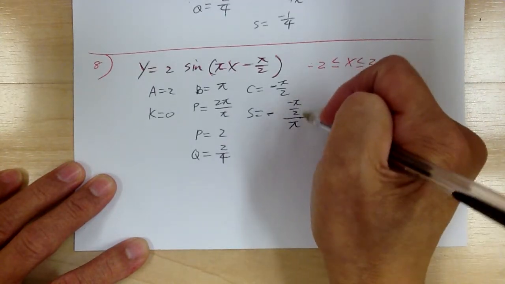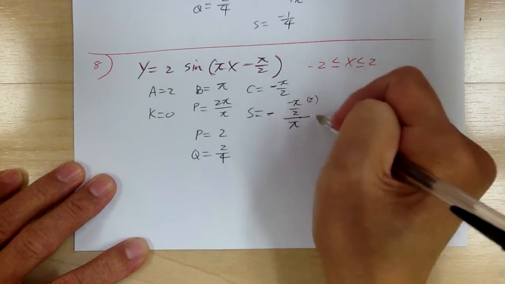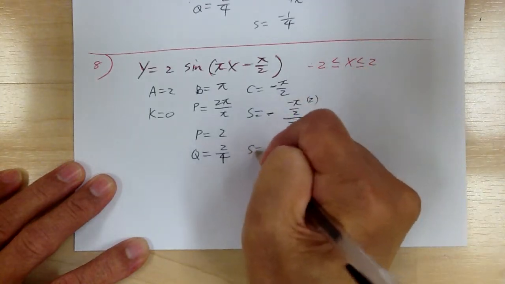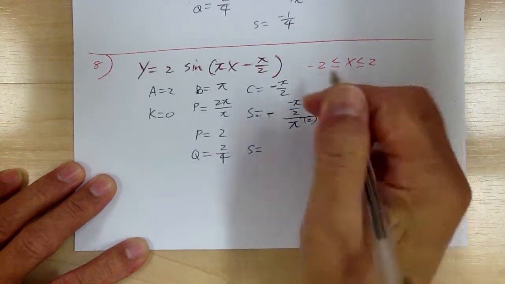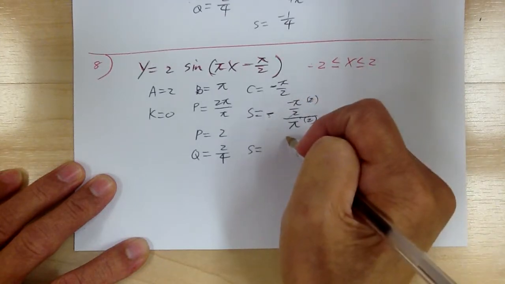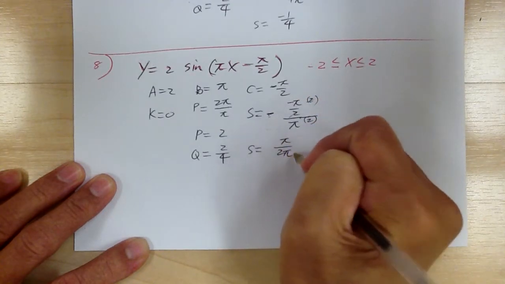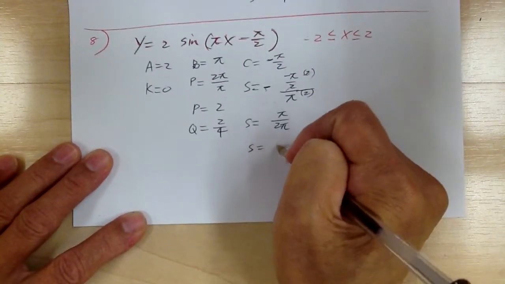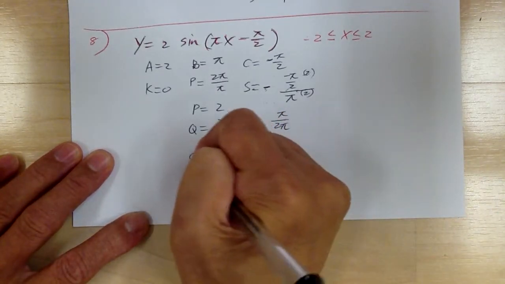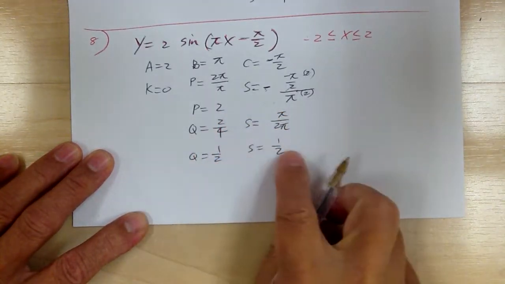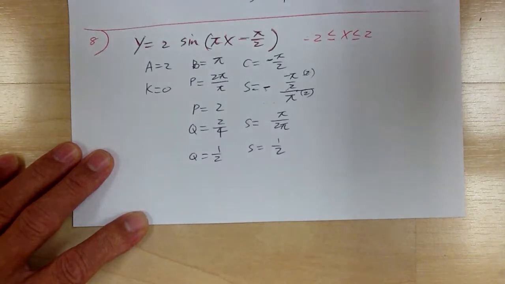And to simplify, you need to multiply by common denominator. And so negative becomes positive. The 2 and 2 cancel out, so you end up with pi over 2 pi. So S equal to 1 over 2. So now we can go and simplify, so then make into common denominator, so it's easier to figure out your graph.